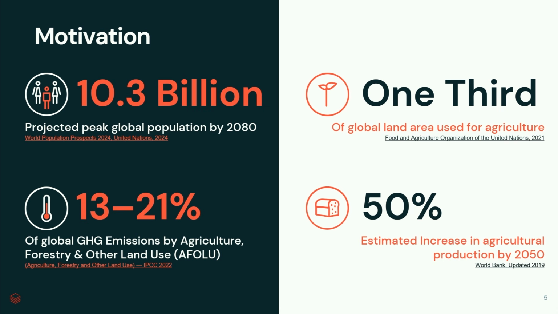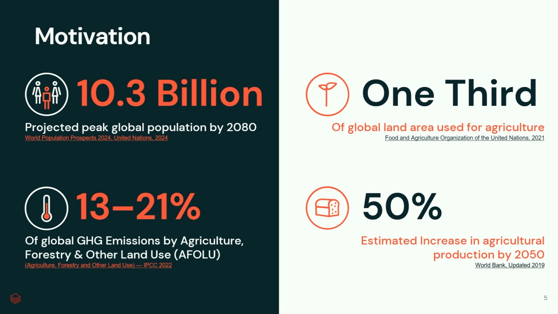To illustrate that, the UN currently predict a global population peaking this century around 10 billion people. And with that, we need to feed ourselves. By the middle of the century, some predictions say we could need to increase our food production and agricultural output by something like 50%.